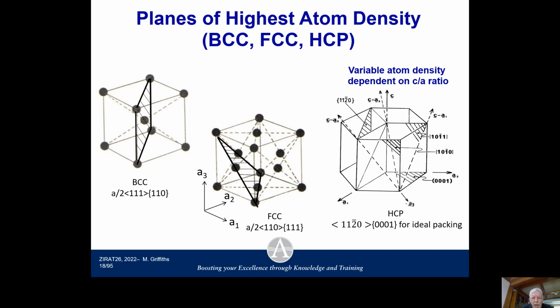So in the HCP, depending on what the C/A ratio is, the planar atom density or the electron density in different planes varies depending on what the material is. So if you had something like zinc and cadmium, or even magnesium to some extent, the basal plane is the most densely packed, and there you'll get most action, whether it's slip or loop formation or whatever.